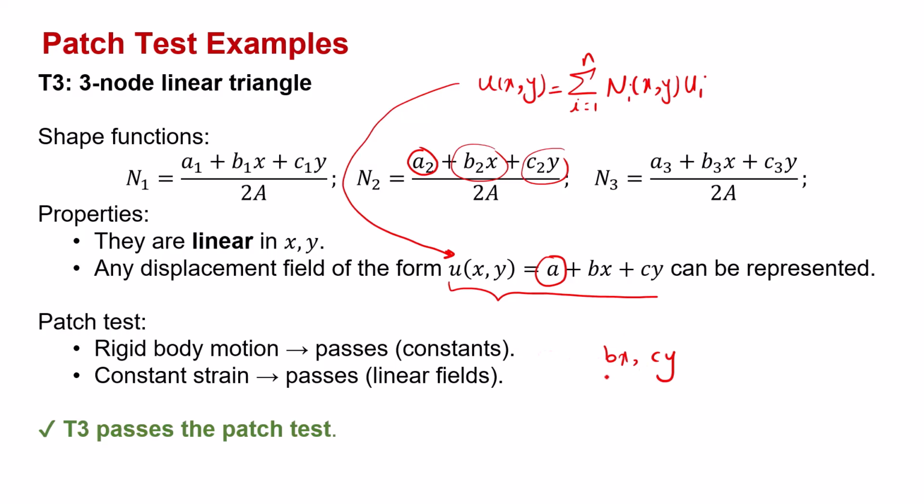Because the shape functions are linear, the resulting strain and stress are constant throughout the element. So this test is also passed. So both of them are passed. As a result, the three-node linear triangle passes the patch test and is a convergent finite element.